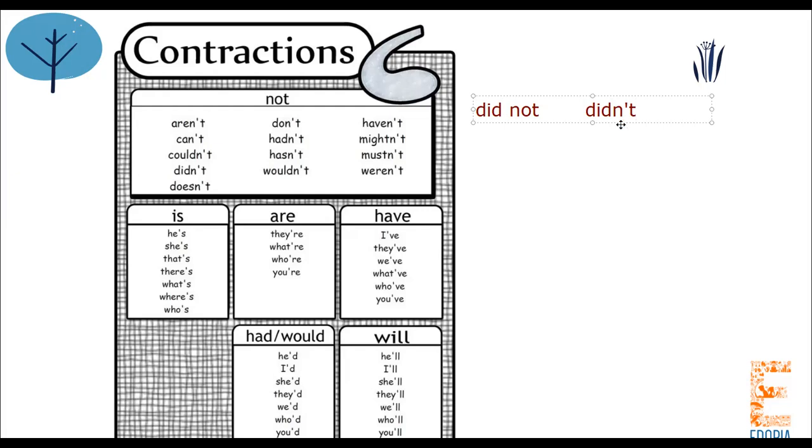So did not becomes didn't. This is how we shorten did not. There are other forms like aren't, can't, couldn't, didn't, doesn't. There are a lot of other words which are shortened when joined with not.